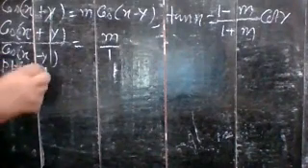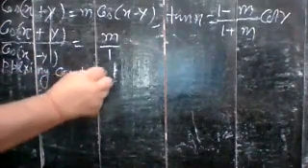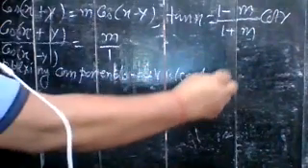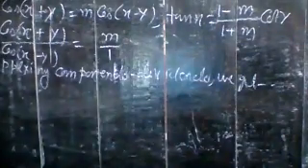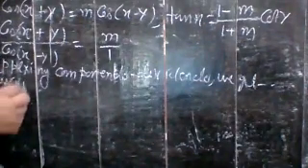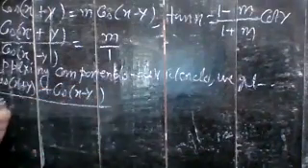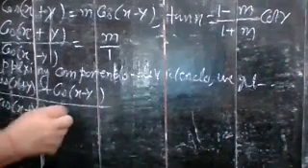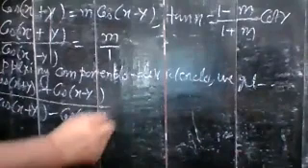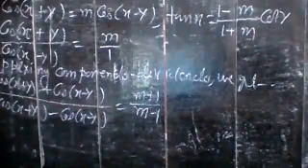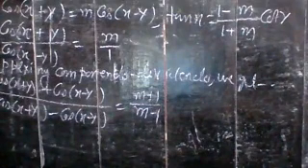Now applying componendo dividendo, we get cos(x plus y) plus cos(x minus y) upon cos(x plus y) minus cos(x minus y) is equal to (m plus 1) upon (m minus 1). You have the result in this way.